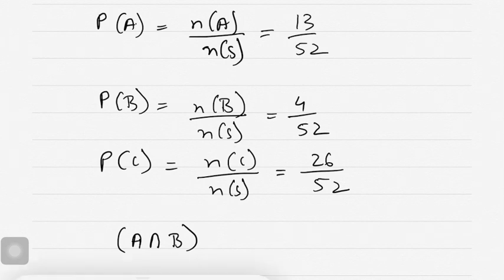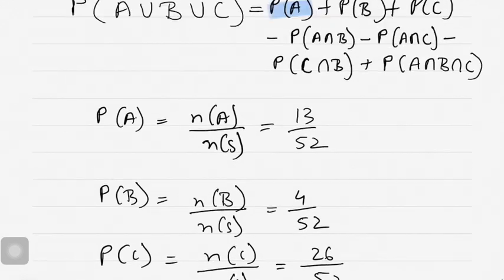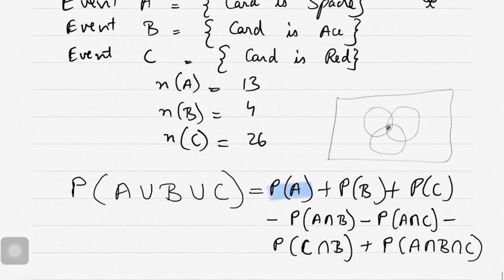N of A intersection B is the components which are common between event A and event B. Let us see.